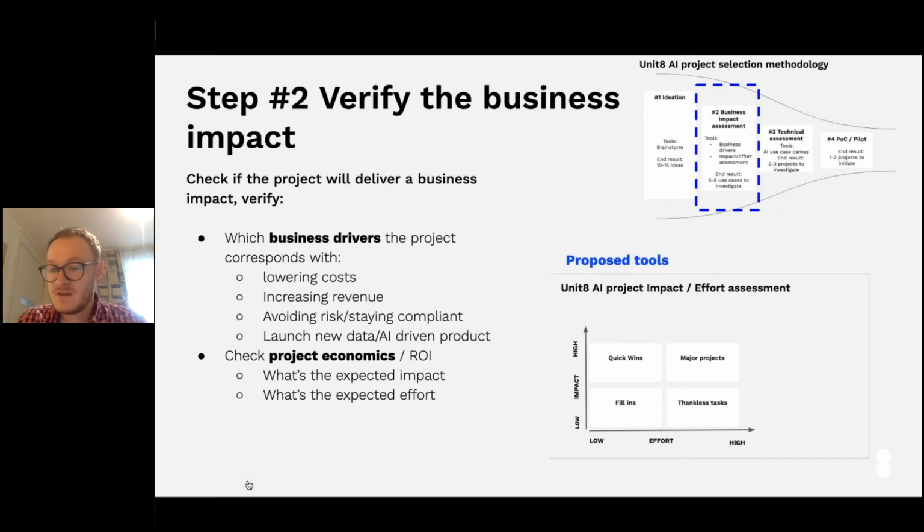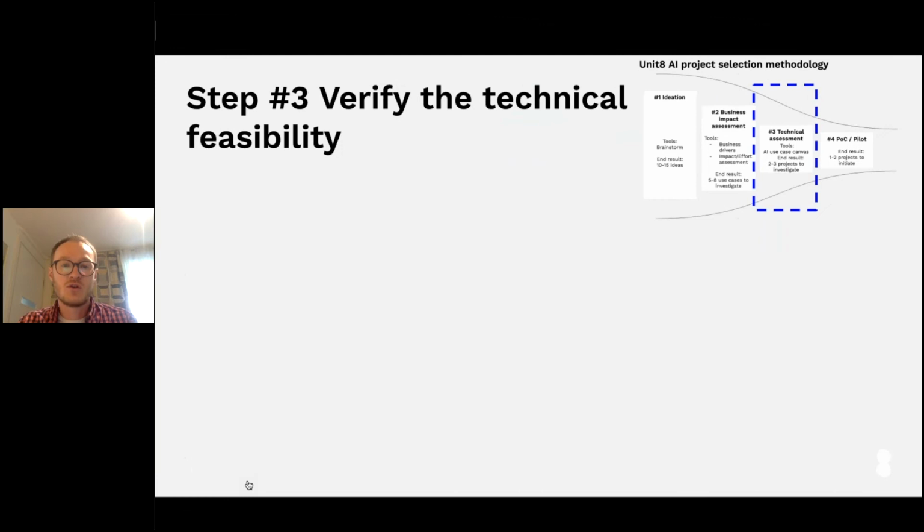Again, not rocket science, but plotting the different ideas on that type of small 2x2 matrix allows us to focus only on those projects that are relatively easy to implement and that are bringing the highest possible impact. So think about it as a trade-off between the two. By now, we already trimmed the list of the potential AI projects into some smaller number.